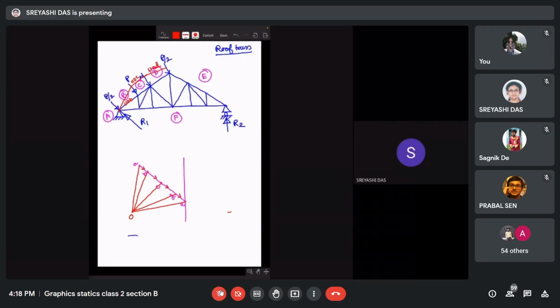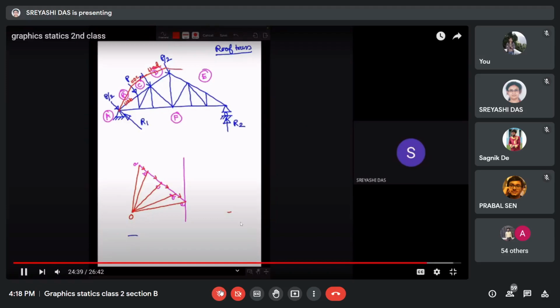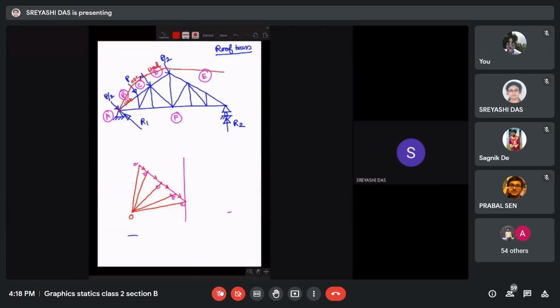Now parallel to OE in the E space. So which will cut this line here. So this is parallel to OE. So now we will join the first point and last point.